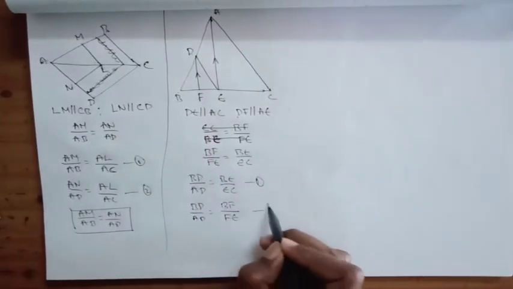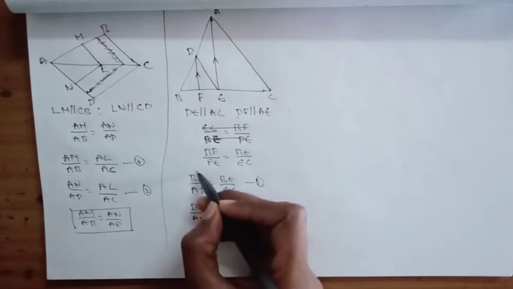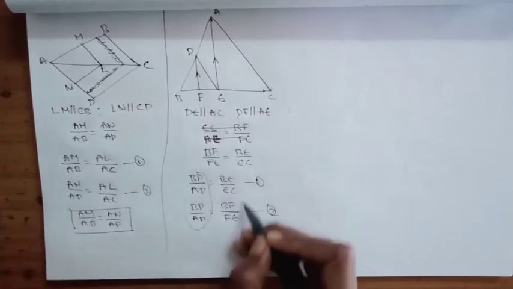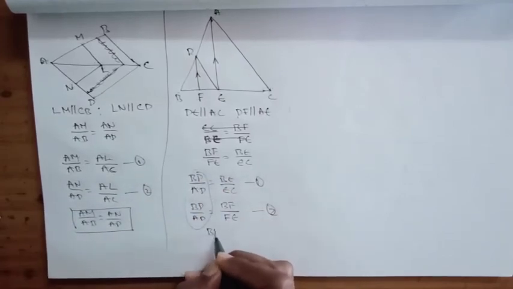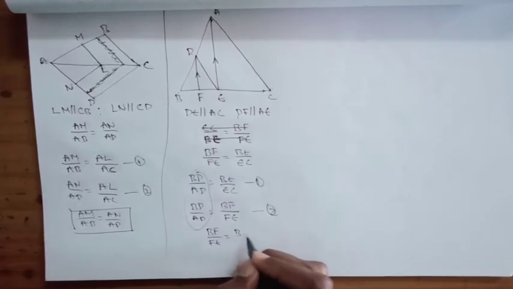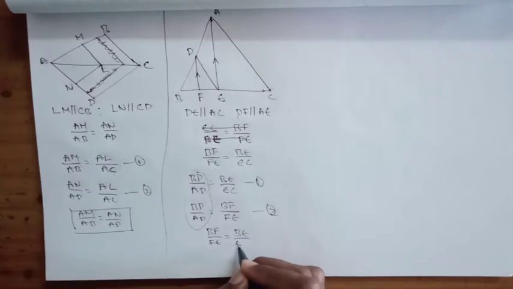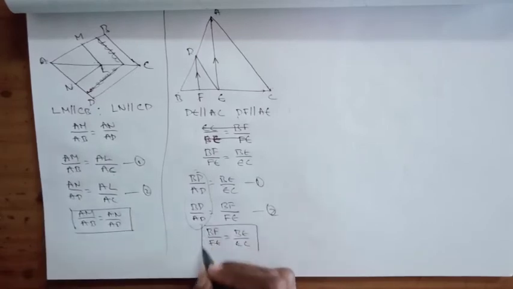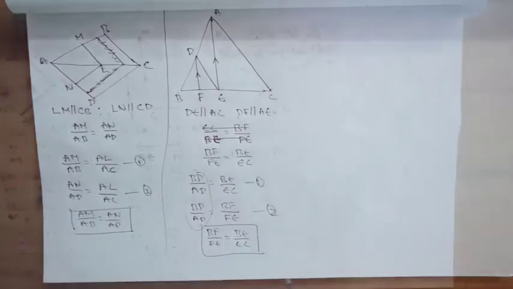So if we equate these two equations, why? Because the left sides are the same, so BF by FE equals BE by EC. So this problem has been proved.